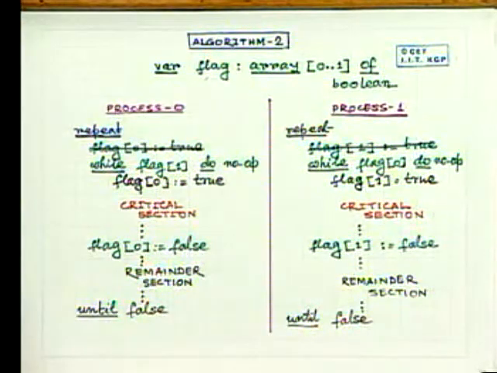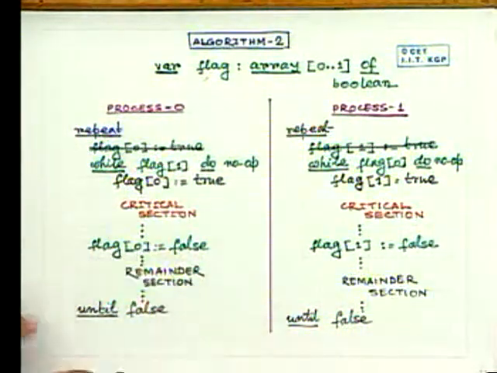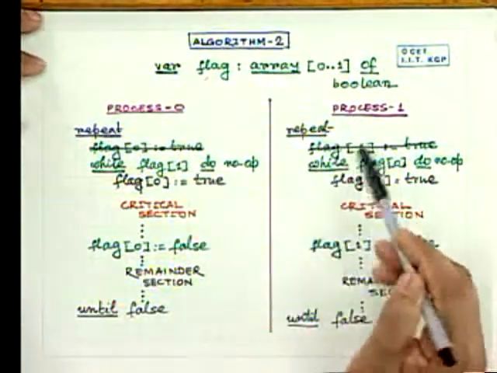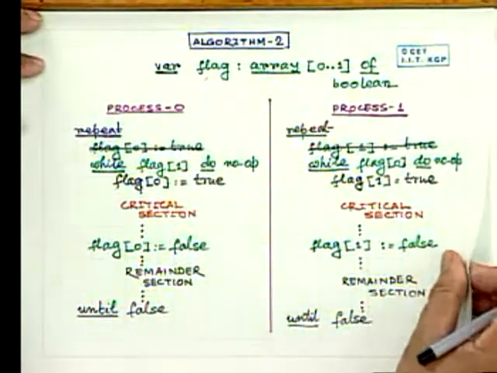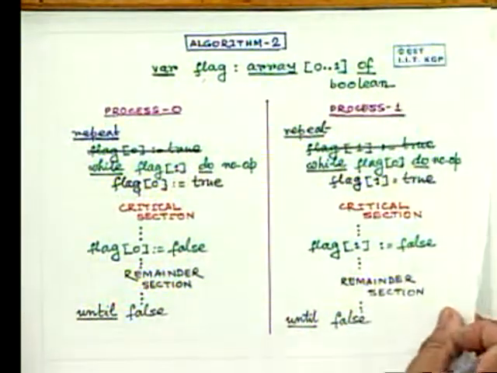Both the processes can be in the critical section simultaneously. Therefore, this algorithm 2 is not acceptable, and we should see whether there can be a better software solution which actually solves the problem.